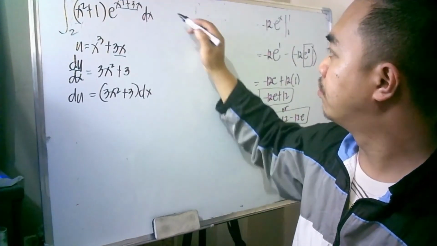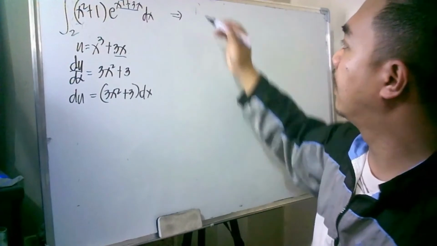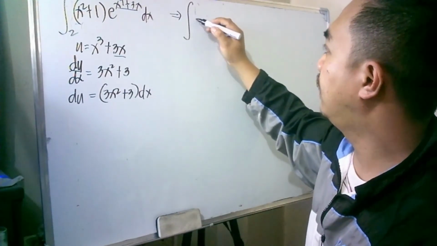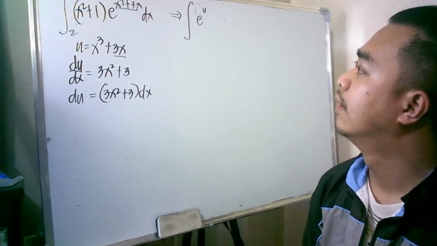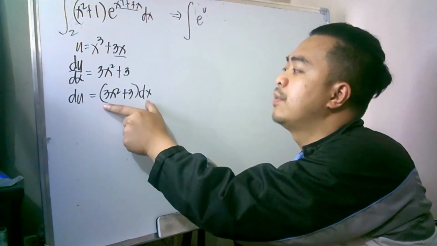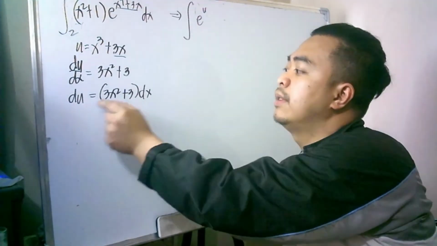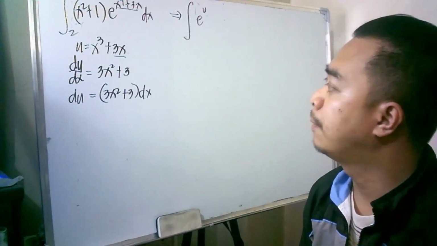So, kung palitan natin yan, magiging e raised to u, pero x squared plus 1 dx yun. Hindi pwede nating basta-basta i-substitute na du is 3x squared plus 3, no? Kasi nga 1. So, anong gagawin natin?